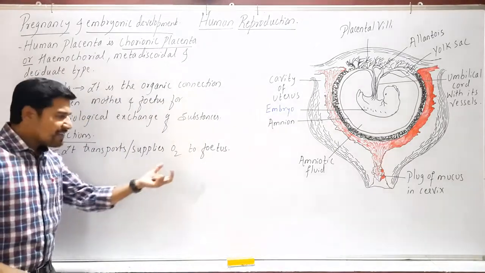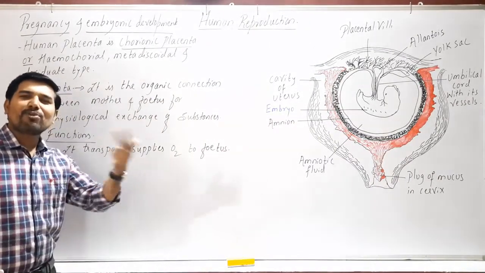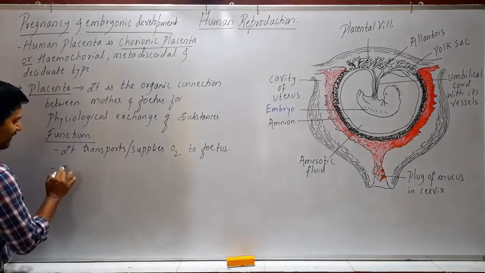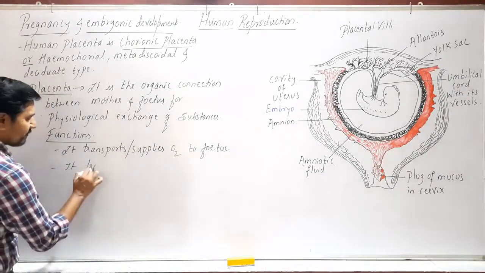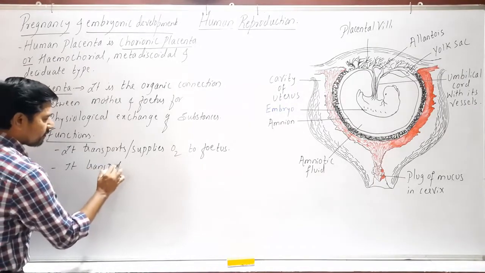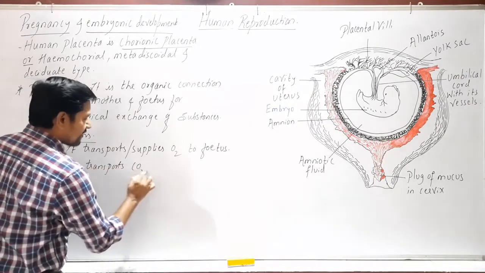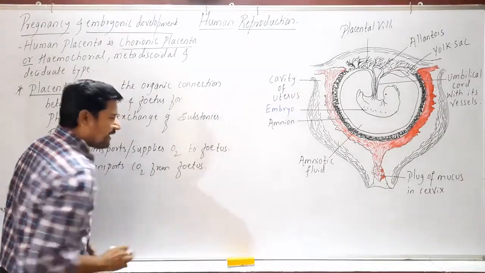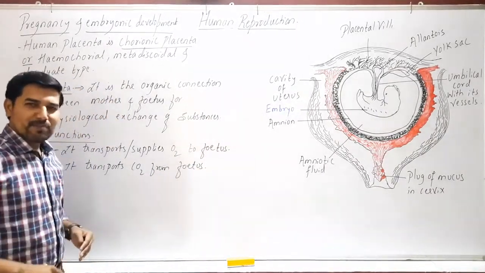Then after utilization of the oxygen, the fetus will give out carbon dioxide. Carbon dioxide has to be removed, and hence it transports carbon dioxide from the fetus. Then apart from this, what is the other function of the placenta?